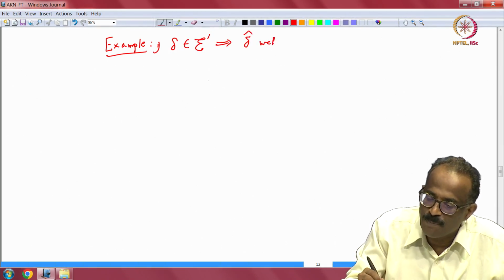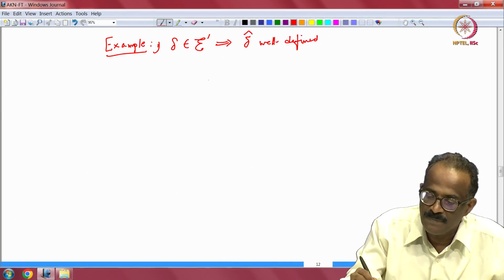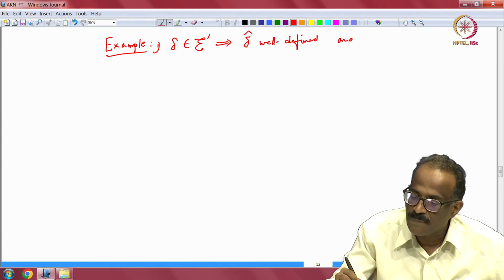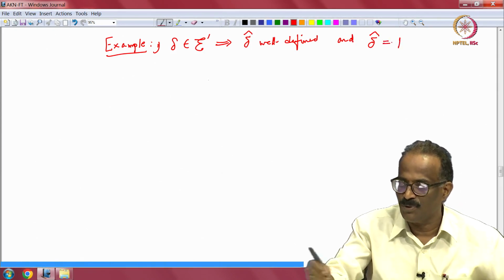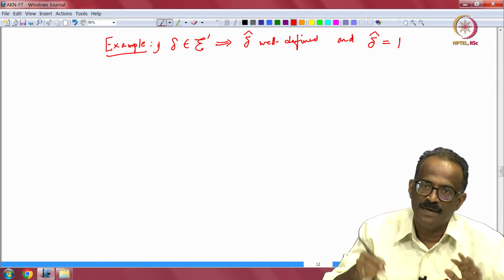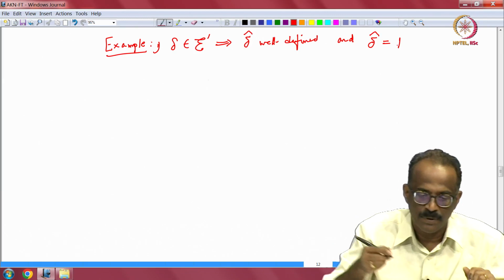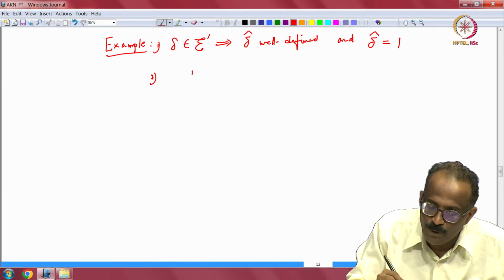You can easily prove that delta hat is equal to 1. I will not do it. You just write delta hat acting at phi is nothing but delta acting at phi hat, and then you can see that is nothing but 1. And what about 1? 1 is not in D.